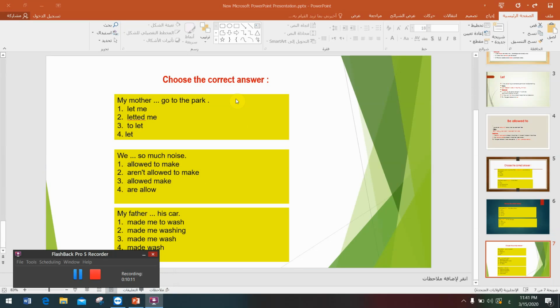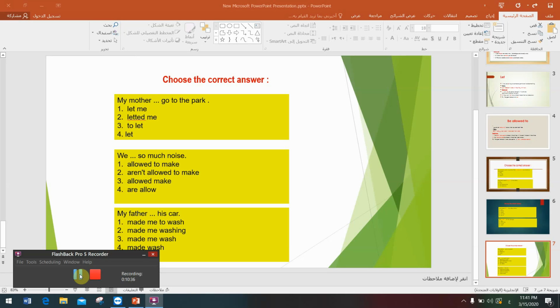Let's move to the next sentence. My mother go to the park. We have 4 choices: let me, letted me, to let, or let. The structure here is let, and the rule says that let is followed by an object, and the object is followed by an infinitive verb. We can't say letted because the past tense of let is let.